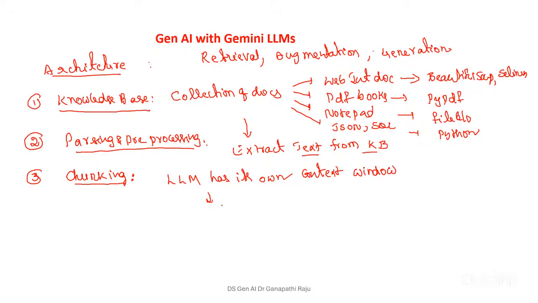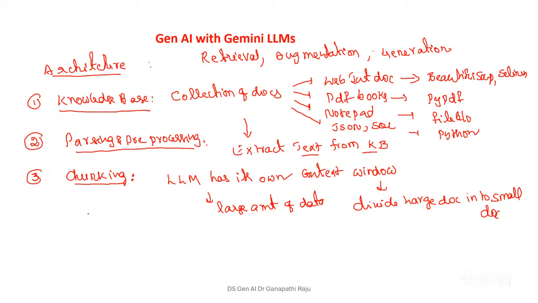They cannot take a large amount of data. So we need to divide large documents into small documents. I will discuss each and every step practically within a few minutes. Once we divide the large documents into small chunks, this is called chunking.